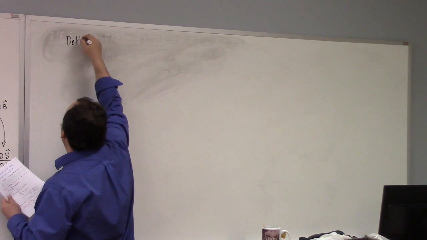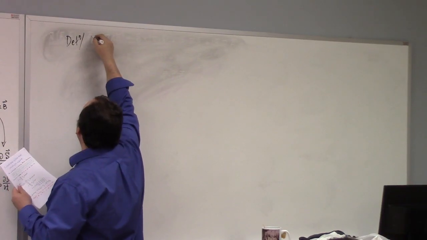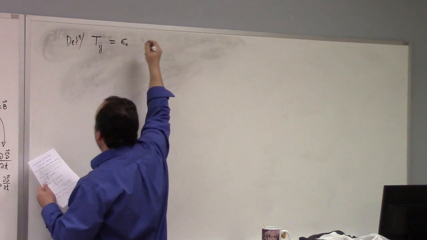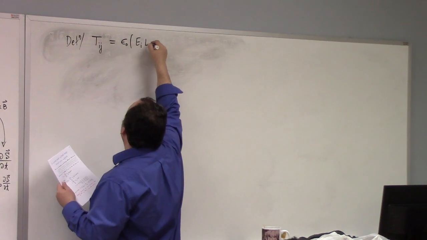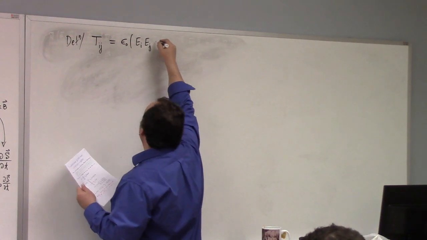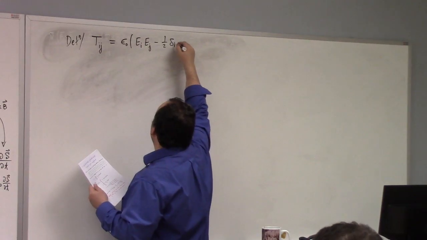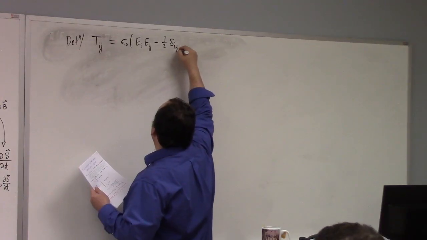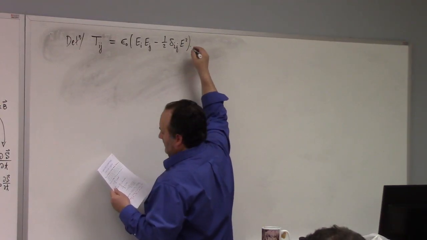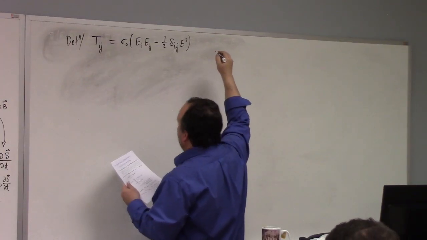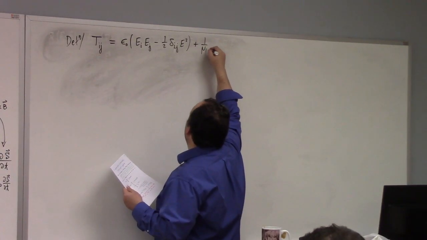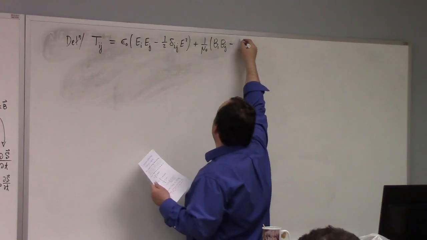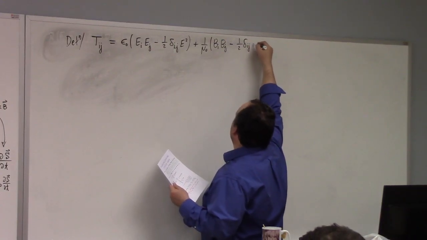Definition. Tij is equal to epsilon naught times (EI EJ minus 1/2 Kronecker delta IJ E squared), plus 1 over mu naught, same pattern but with B's: BI BJ minus 1/2 Kronecker delta IJ B squared.